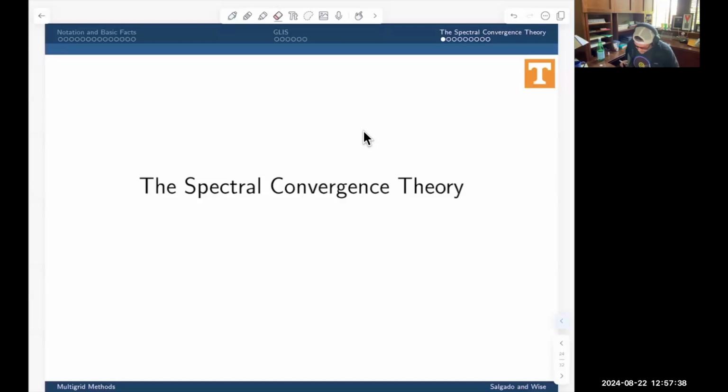The preferred method is going to be the energy approach, which is more modern and useful for the sort of things we want to do. But it's good to know this old-fashioned theory as well, which is called the spectral convergence theory.